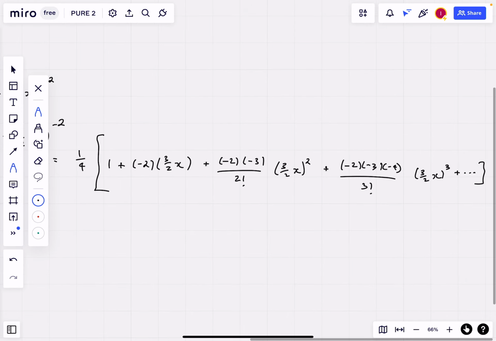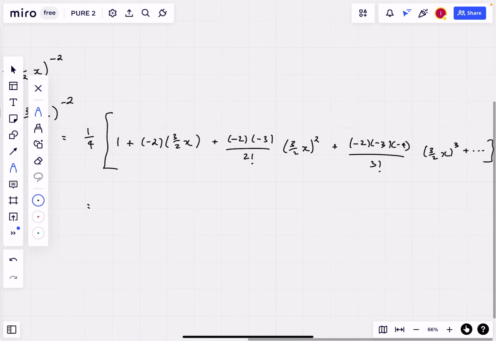That's what you should have after plugging it all in. And now it's just a matter of simplifying. After simplifying, you should have 1 minus 3x plus 27 over 4x squared minus 27 over 2x cubed.